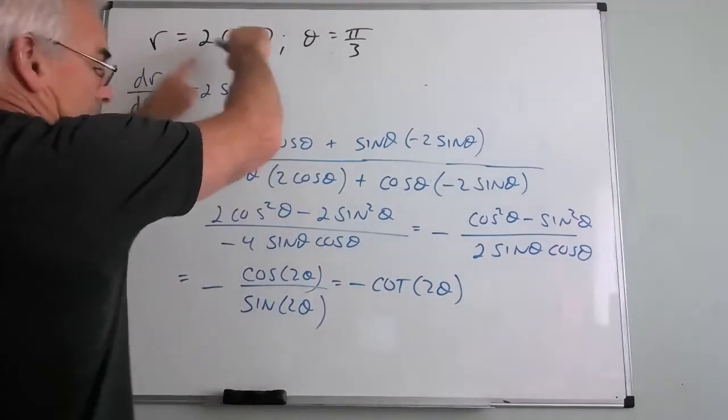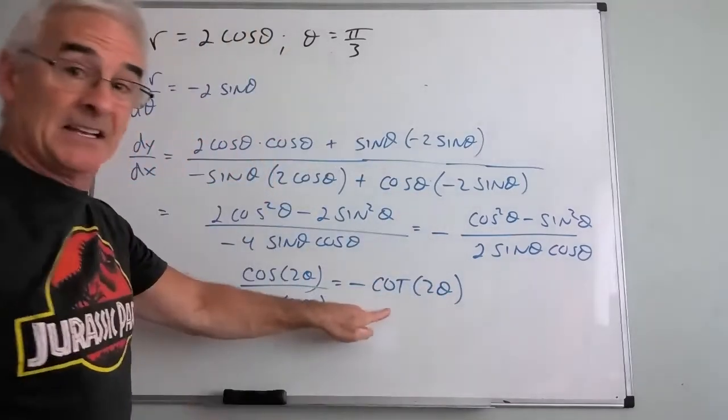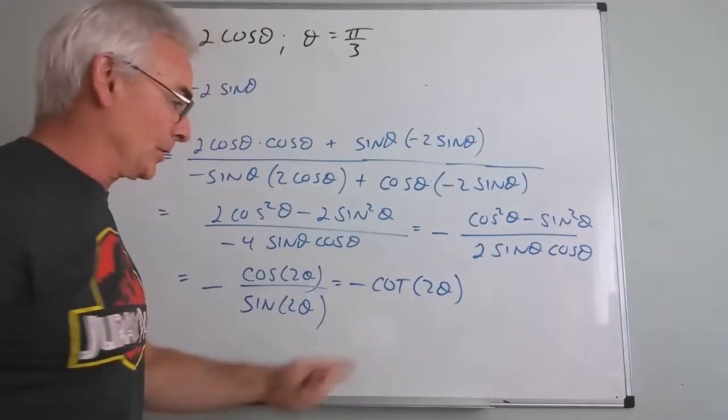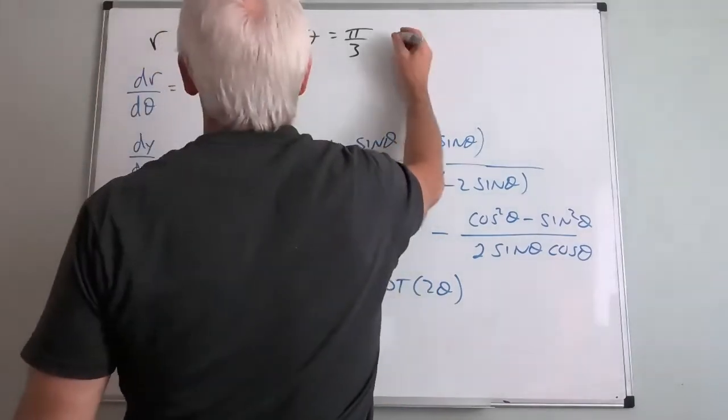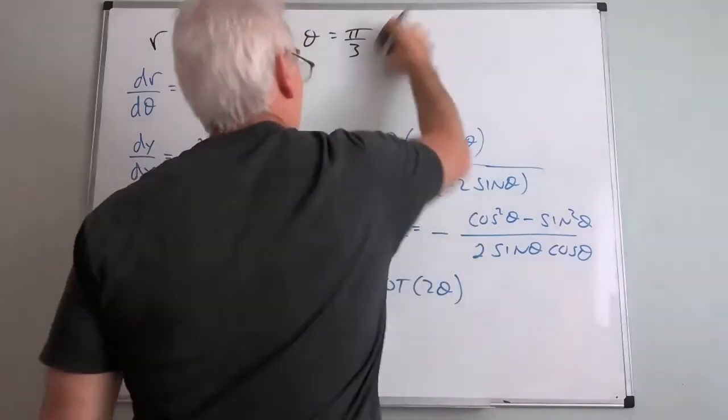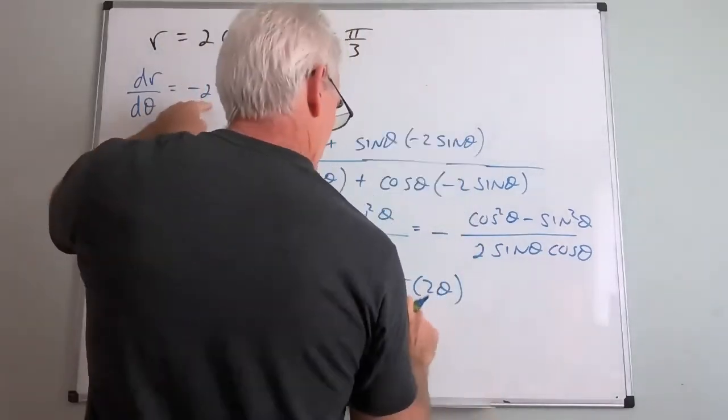This is dy dx. So this would be the derivative on the xy plane, but in polar terms. So now what we want to do is I want dy dx. I'm not evaluating this, I'm evaluating this.